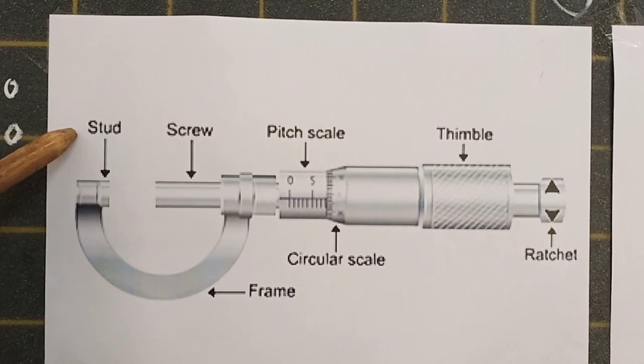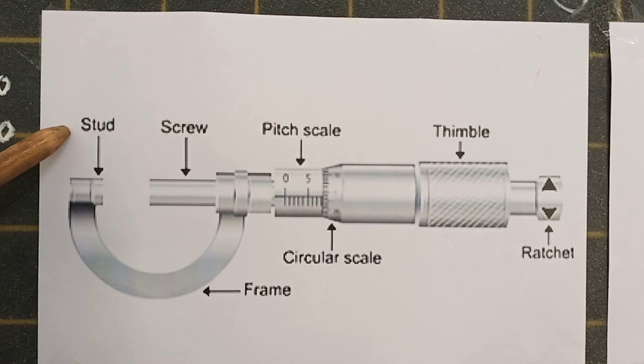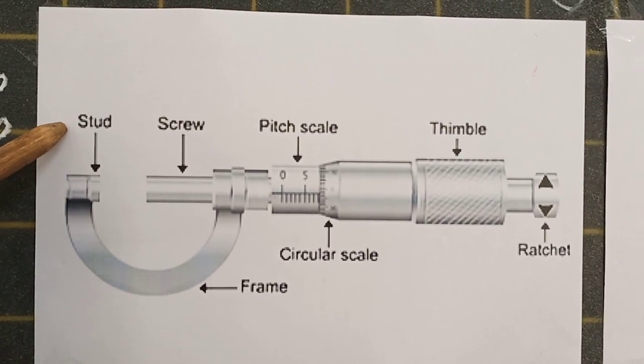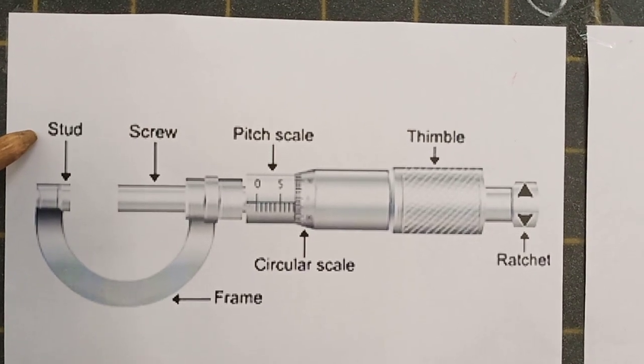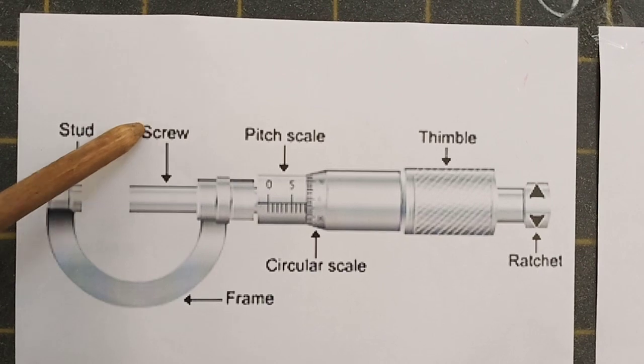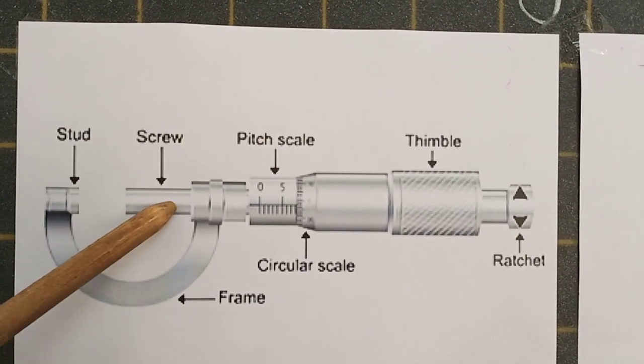This stud is a fixed stud so that it will help us to get the accurate reading. Now, the other end, named the screw, is attached to the cylindrical hub.